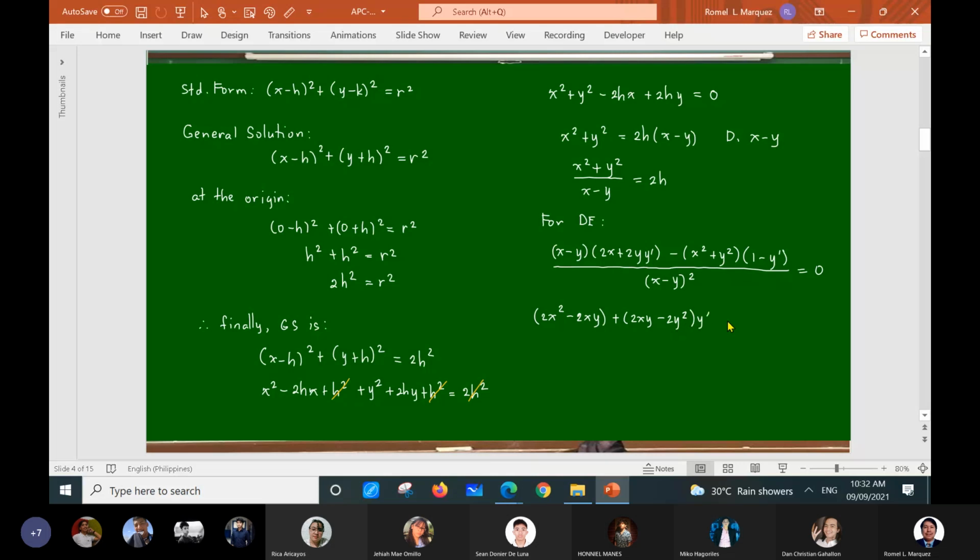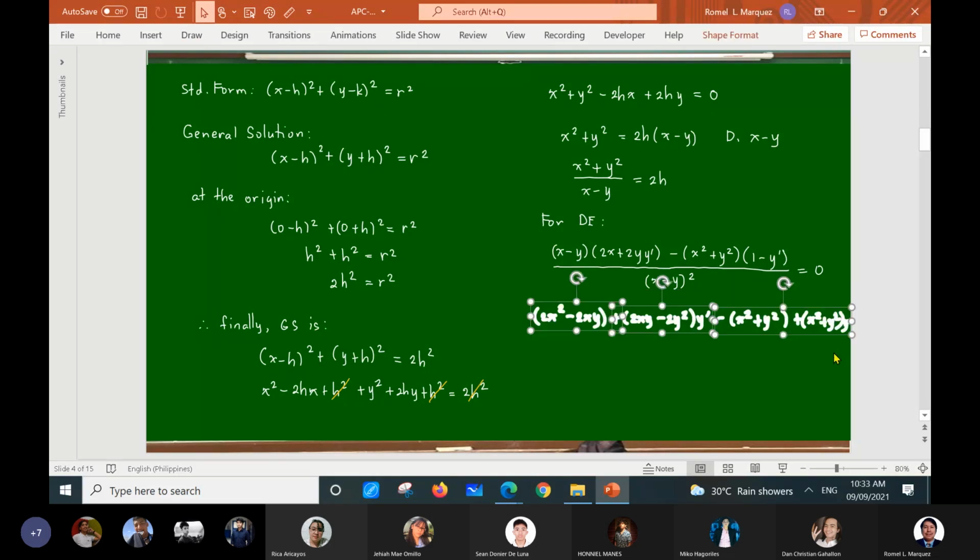Pinactor out ko na yung y prime, ha? And then sa kabila naman, negative x squared plus y squared, and then plus negative, negative, positive, x squared plus y squared, and then y prime. Okay, guys?